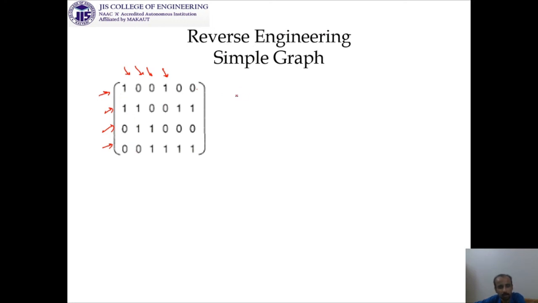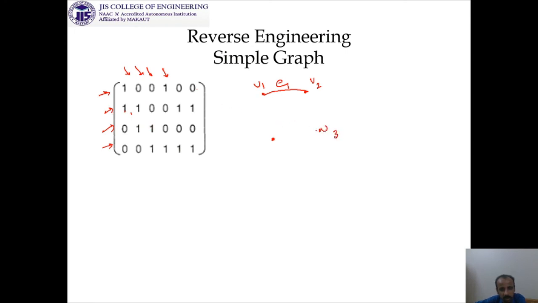Now it is very simple, because you are just going to construct 4 vertices, and then you are thinking about V1 and V2 connected by one edge. So suppose this is your V1 and this is your V2. So this is by E1. Then V2 and V3 are connected by an edge.